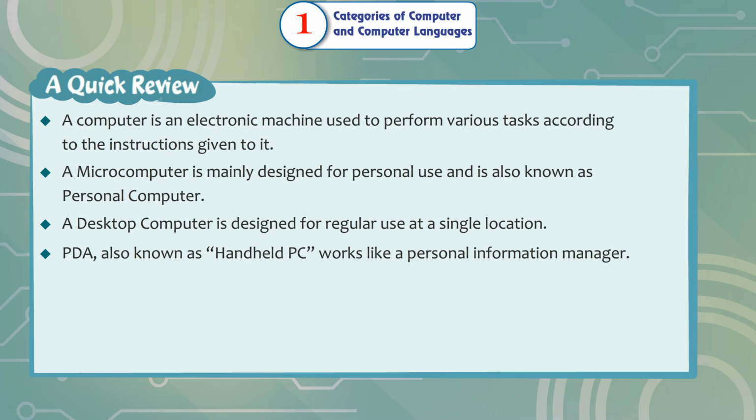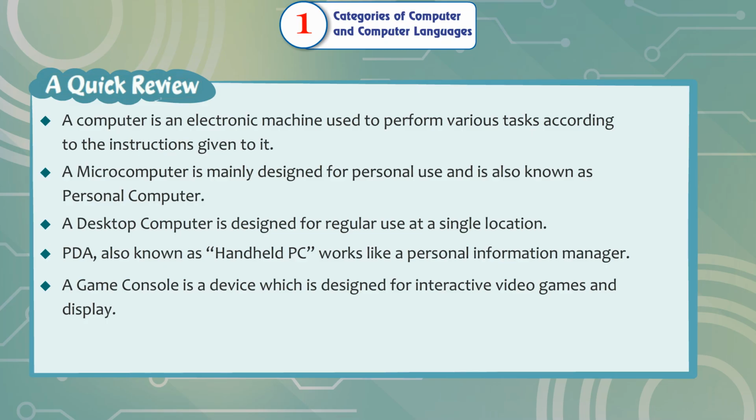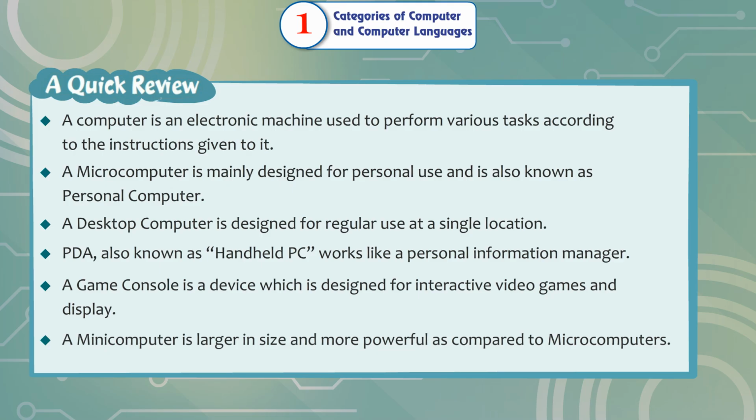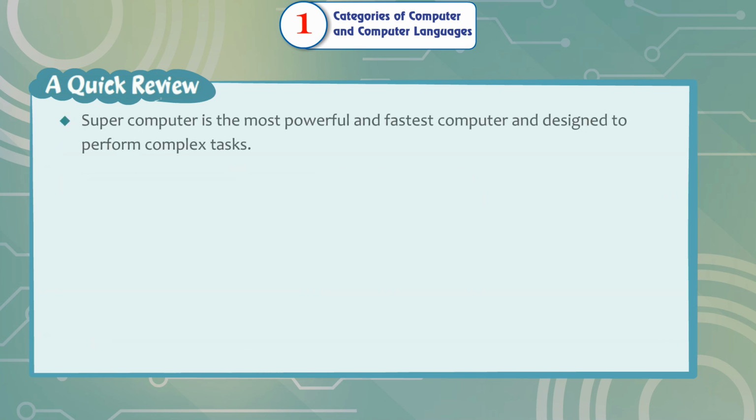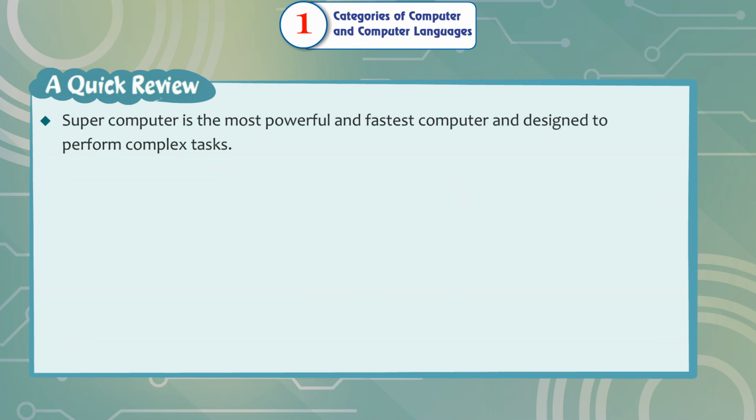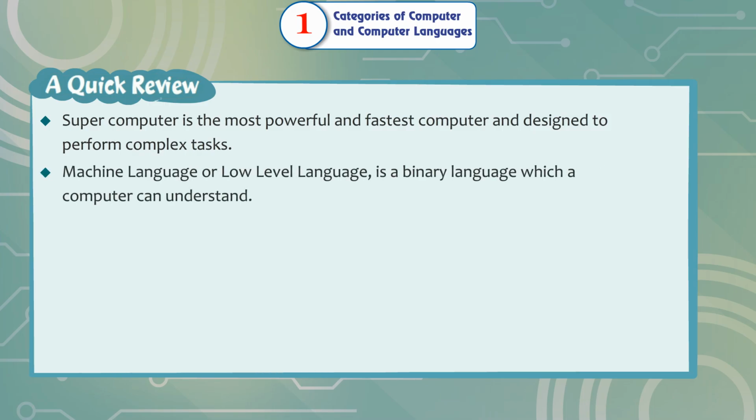PDA, also known as handheld PC, works like a personal information manager. A game console is a device which is designed for interactive video games and display. A mini-computer is larger in size and more powerful as compared to microcomputers. Supercomputer is the most powerful and fastest computer and designed to perform complex tasks.